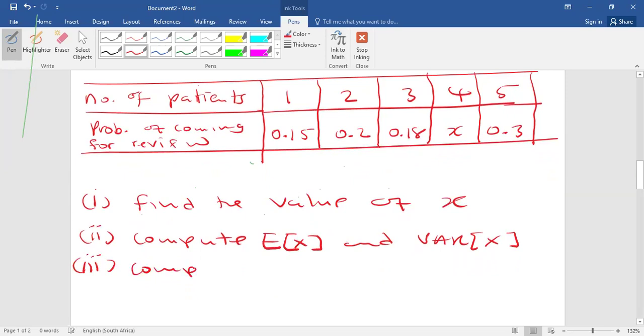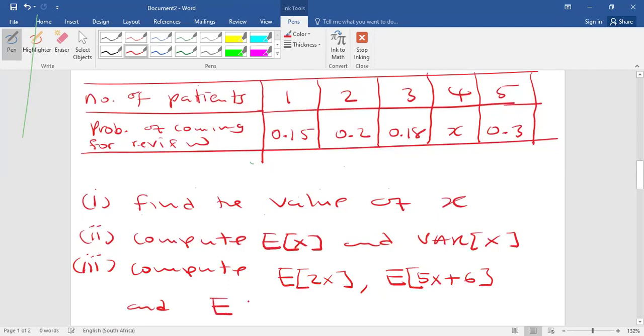Compute the expected value of 2x, the expected value of 5x plus 6, and the expected value of 8, from this given question.